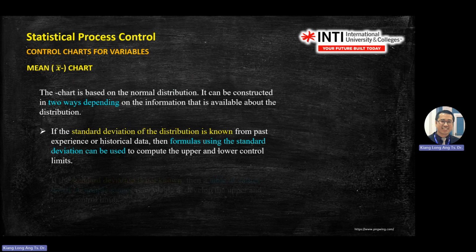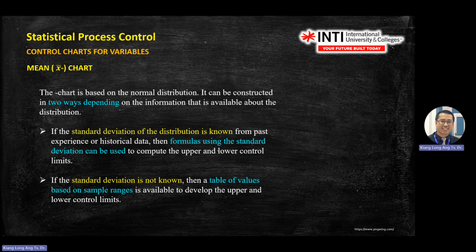If standard variation is known from the past historical, then formula using standard variation can be used. If the standard variation is not known, then table of value based on sample range is available to develop the upper lower limit control. So this is a mean chart.